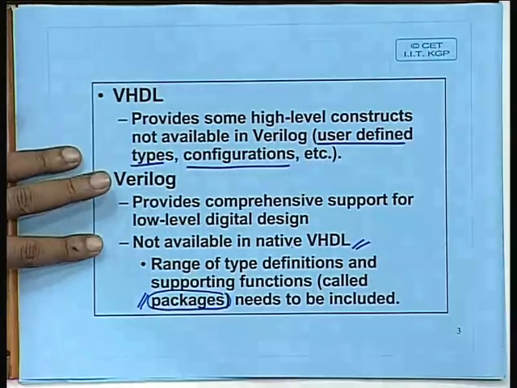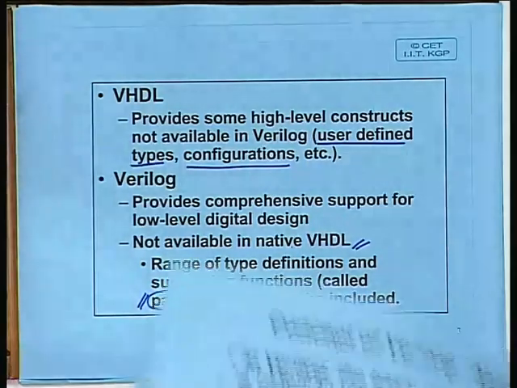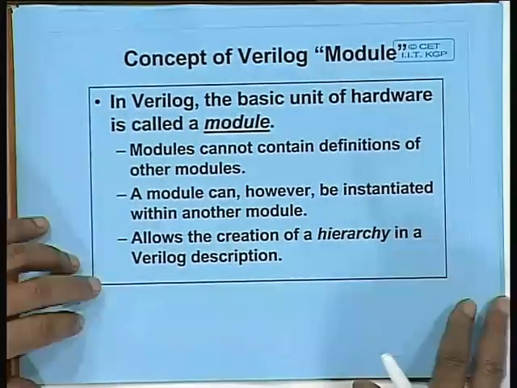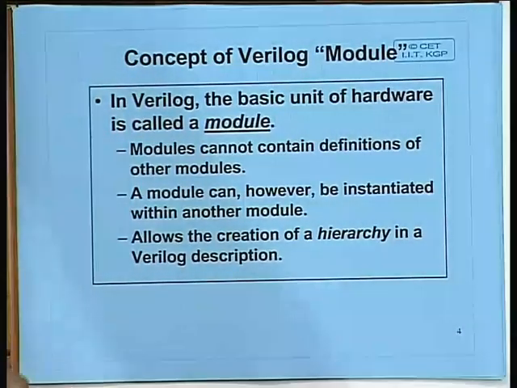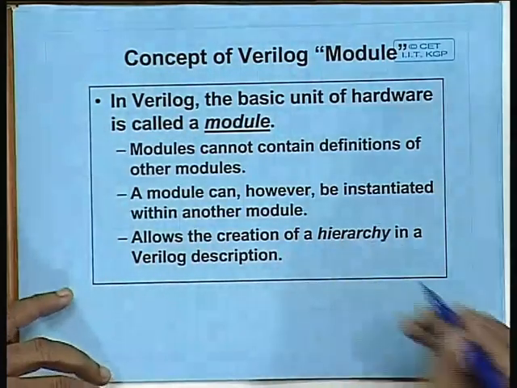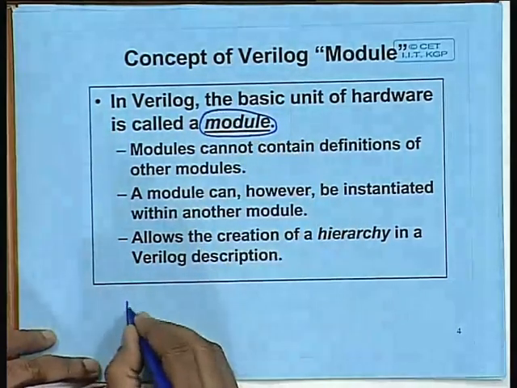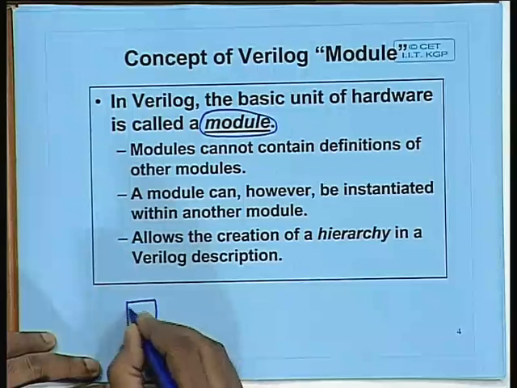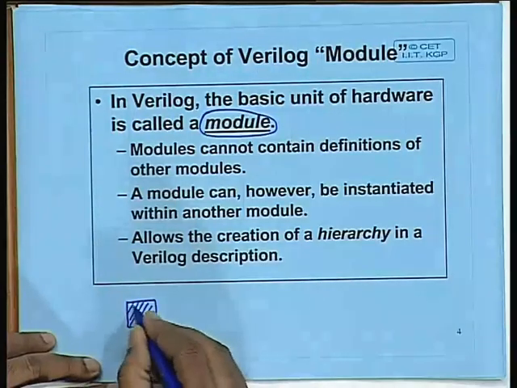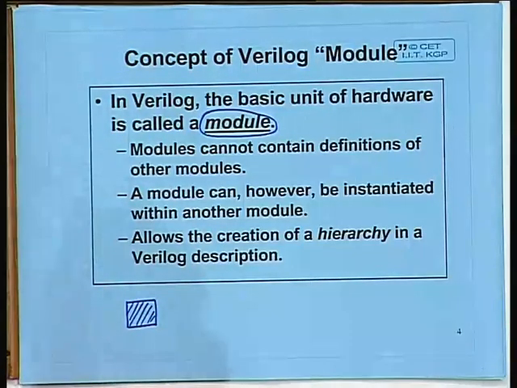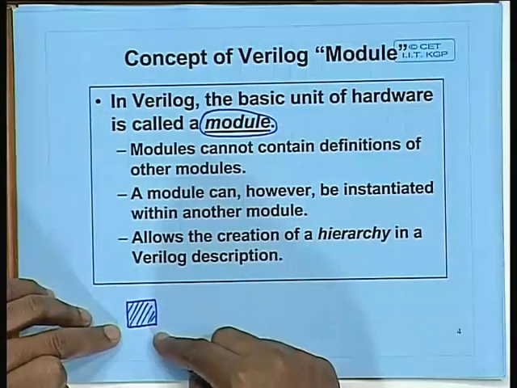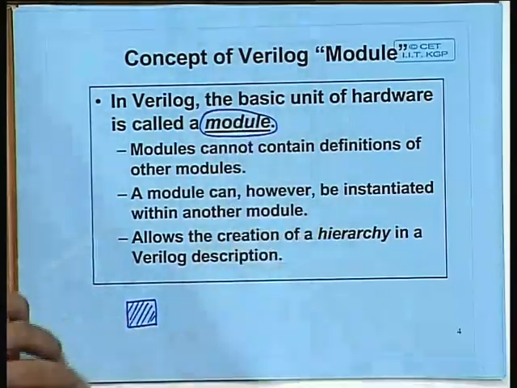So, now let us try to look at some of the language features of Verilog. Fine. In Verilog, the basic building block using which we design everything is called a module. So, a module is the basic unit of hardware in terms of which we can specify the behavior or the structure, whatever. Whatever we specify in Verilog is in the form of a module.